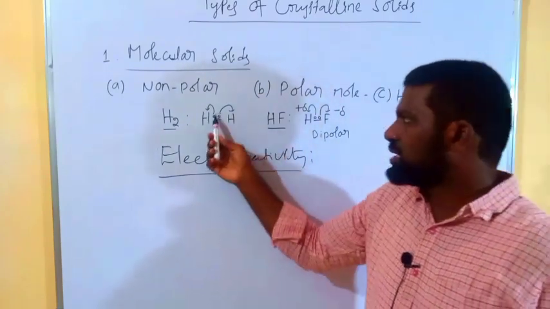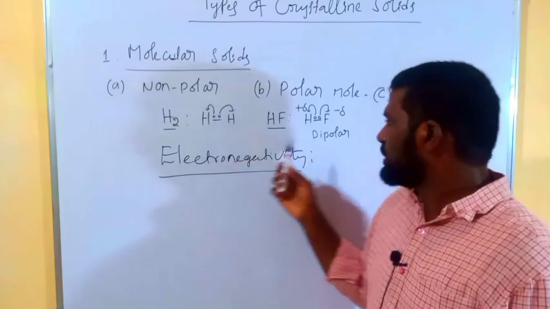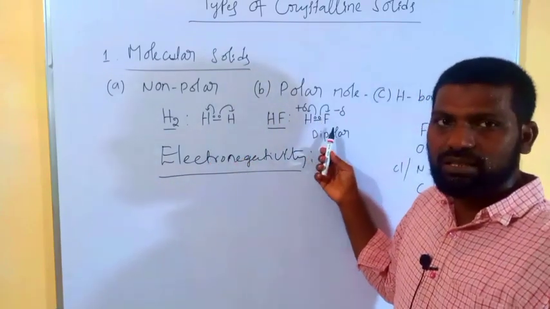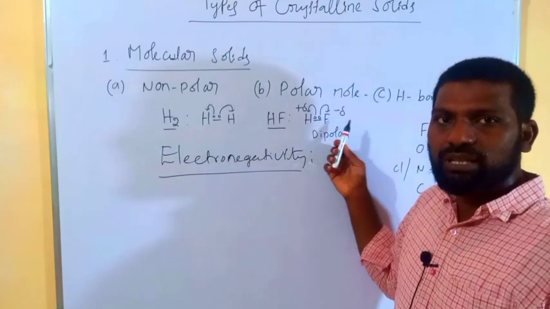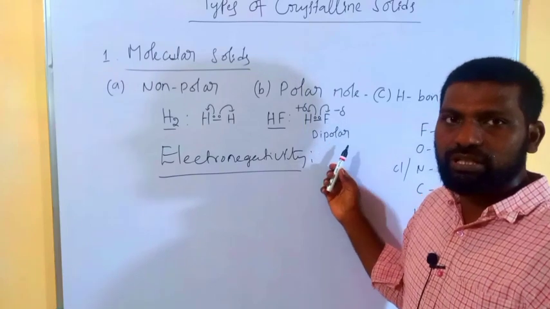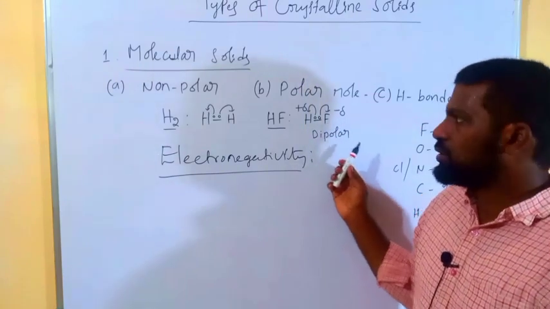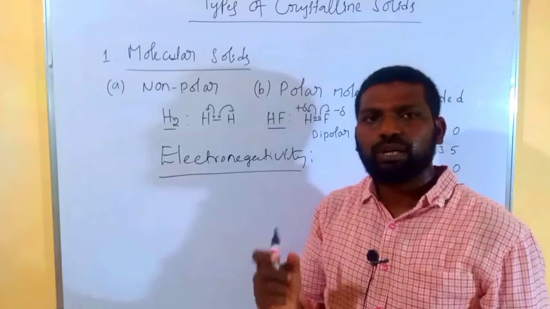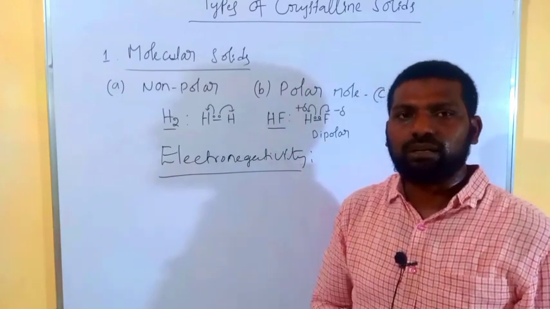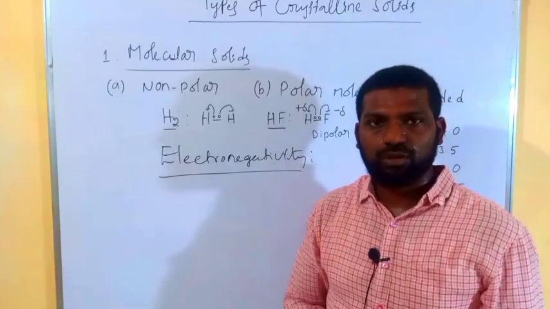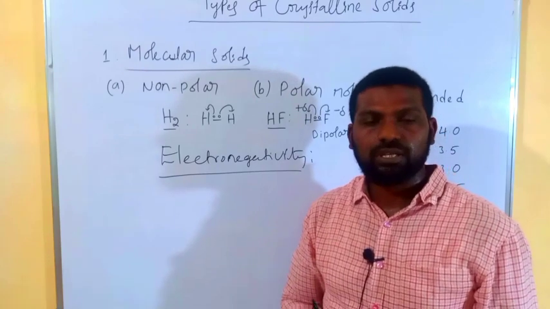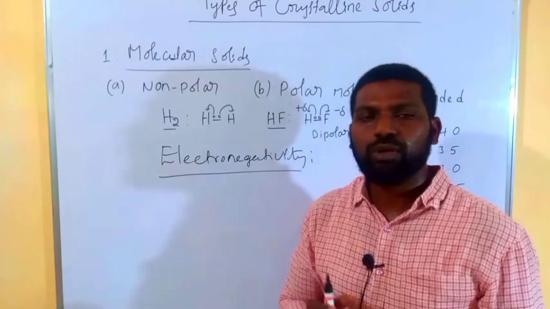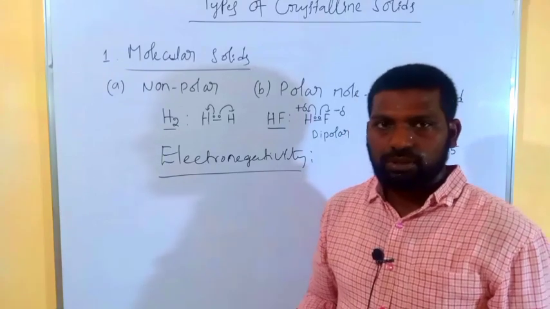That means this electron pair is localized, but in hydrogen fluoride the electron pair is delocalized. It moves slightly towards the atom with higher electronegativity, that is, towards fluorine. So that's, dear students, the simple concept. You should understand what non-polar molecules and polar molecules are. Then only you can understand the concept.